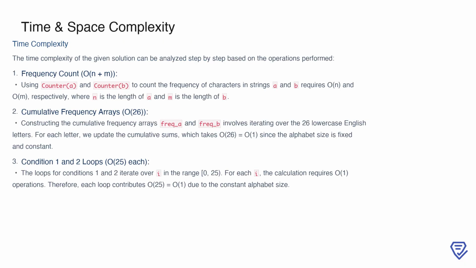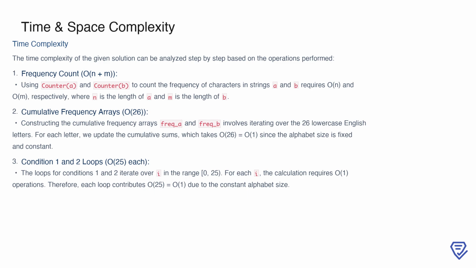To analyze the time complexity of our solution, we break it down into the key operations performed. First, counting the frequency of characters in both strings using the Counter function takes O(N) for string A and O(M) for string B, where N and M are their respective lengths. Next, we construct cumulative frequency arrays for the 26 lowercase English letters.